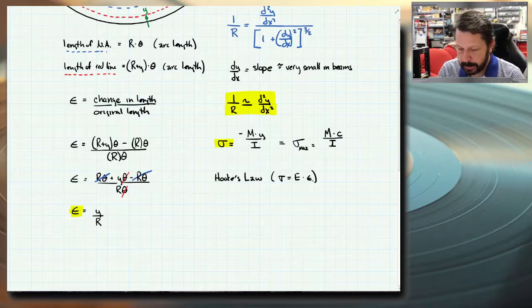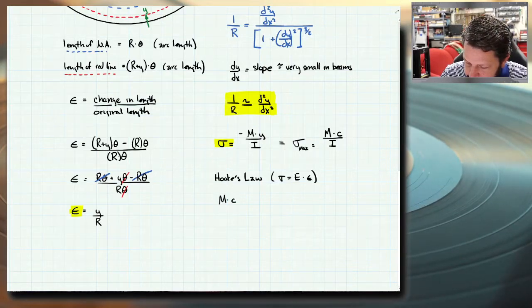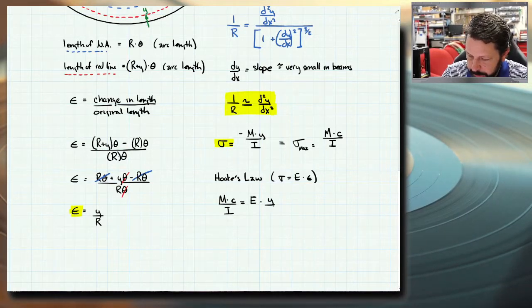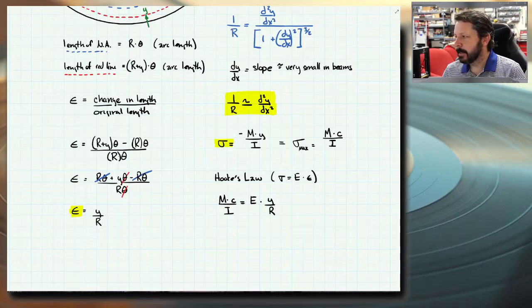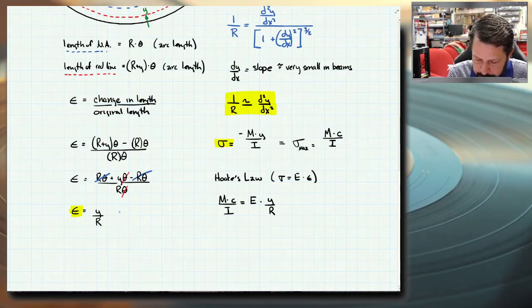For sigma, I'm going to put in Mc over I equals E. And for epsilon, I'm going to use y over r, except that just like I had the C in sigma max, epsilon max would be C over r.